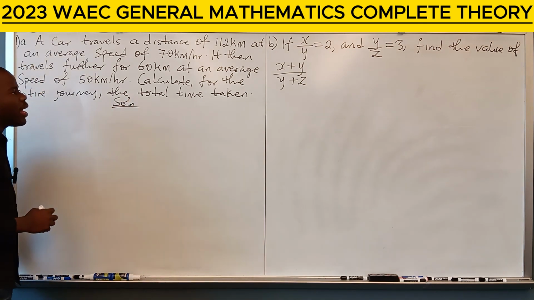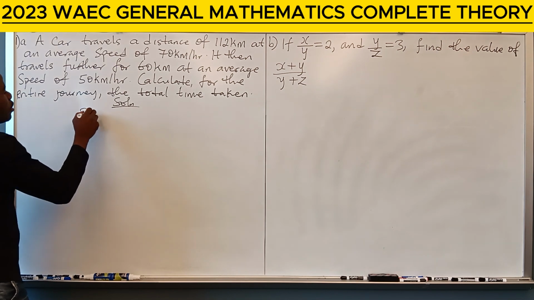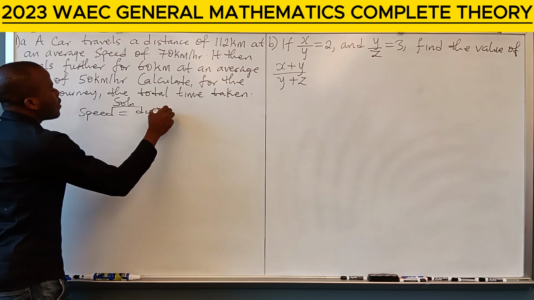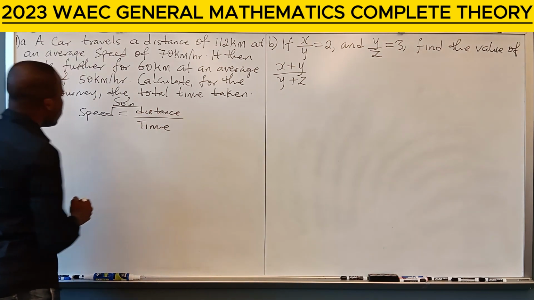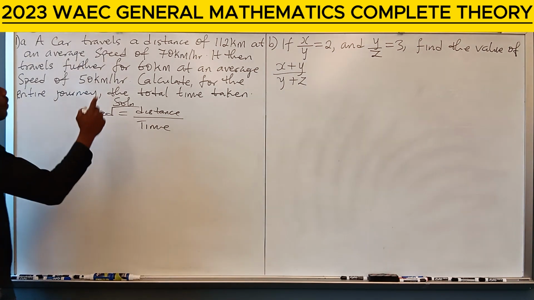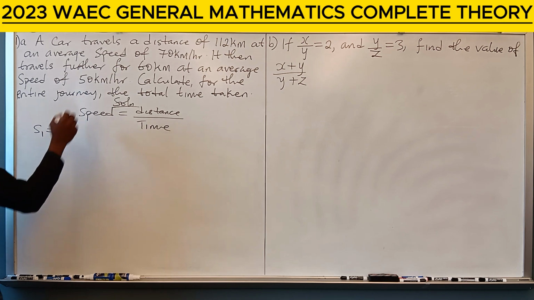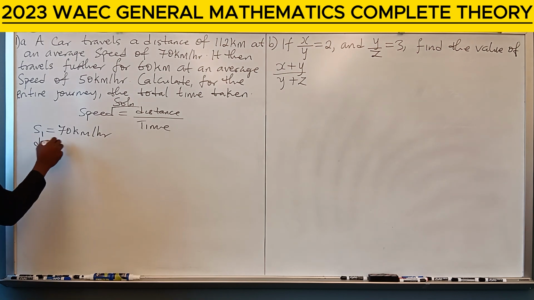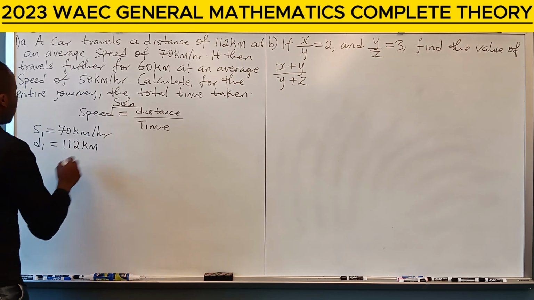The first thing we would like to recall is the formula for speed. Speed, we know, is given as distance over time. And so for the first journey, let's call S1 the first speed, which is 70 kilometers per hour, and the distance, which is 112 kilometers.